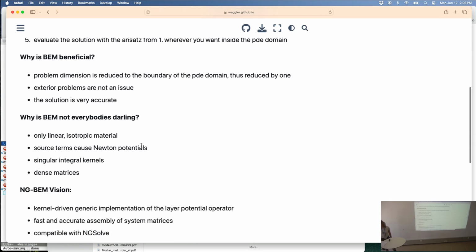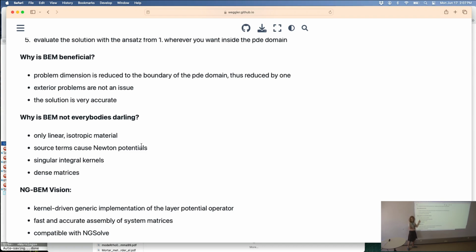Why is BEM not everybody's darling? Why is it not so known or popular? It's not as general as the finite element method. For instance, you need linear isotropic material. Non-linearities are not really solvable.